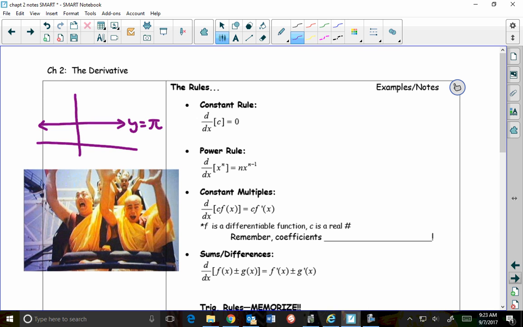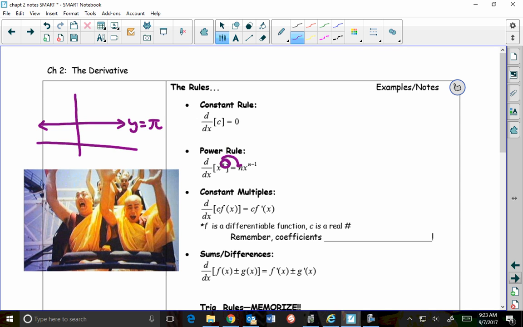Good? Okay. The next one we have is our power rule, and we were already discovering this. We said the degree goes down by 1 when we take the derivative. But not only does it go down by 1, but the power comes down in front, and then we subtract the 1.